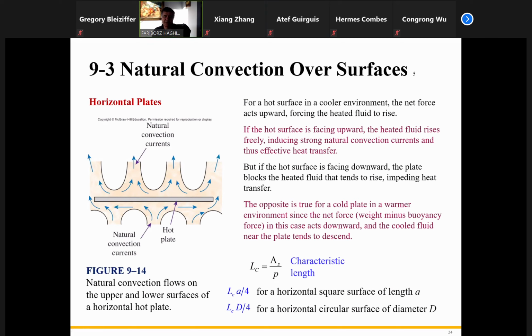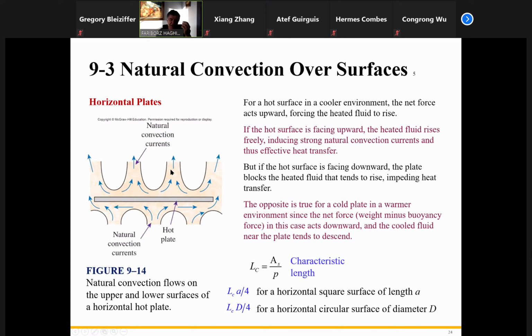Here the convective heat transfer helps the air go up, but there all the hot air is stuck with no place to go. The opposite is true for a cold plate in a warm environment. So try to understand what the physical difference is here.